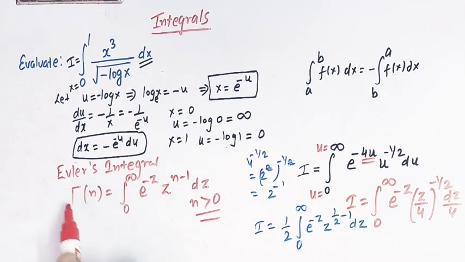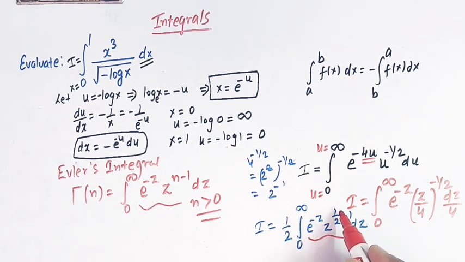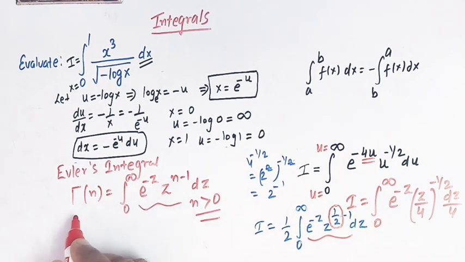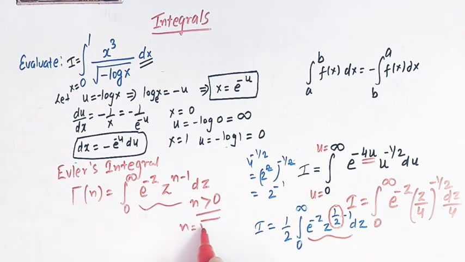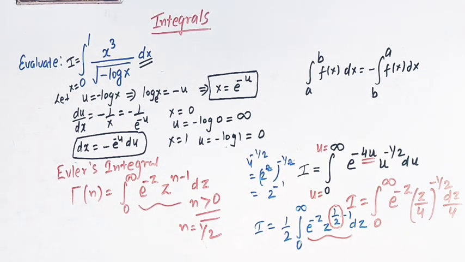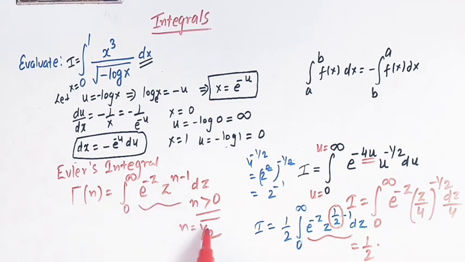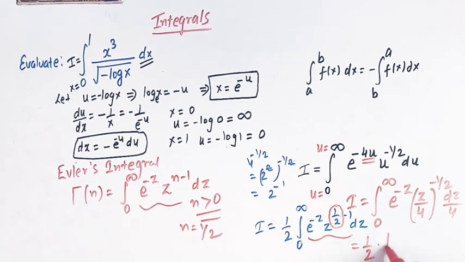So this is the famous integral, and if we compare this integral with this one, then we can easily see that here we have half, and the value of n is equal to half. So this integral is equal to half times gamma of half.